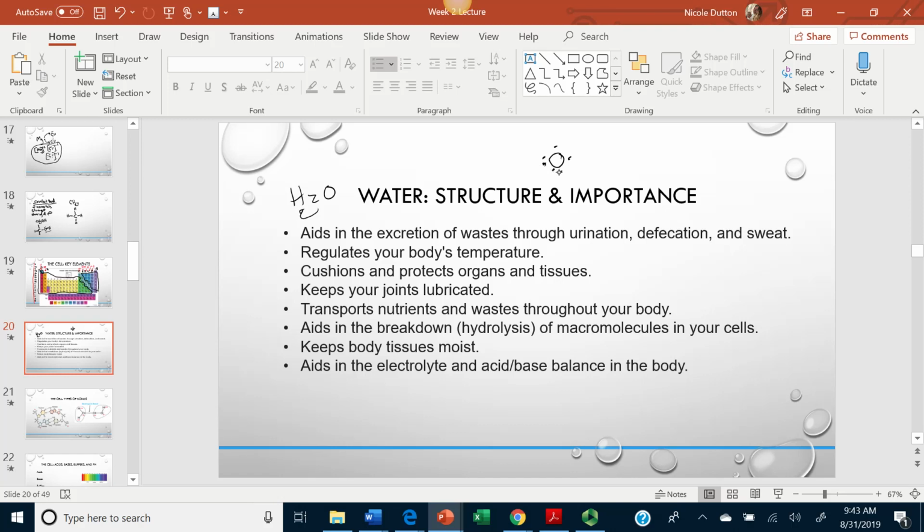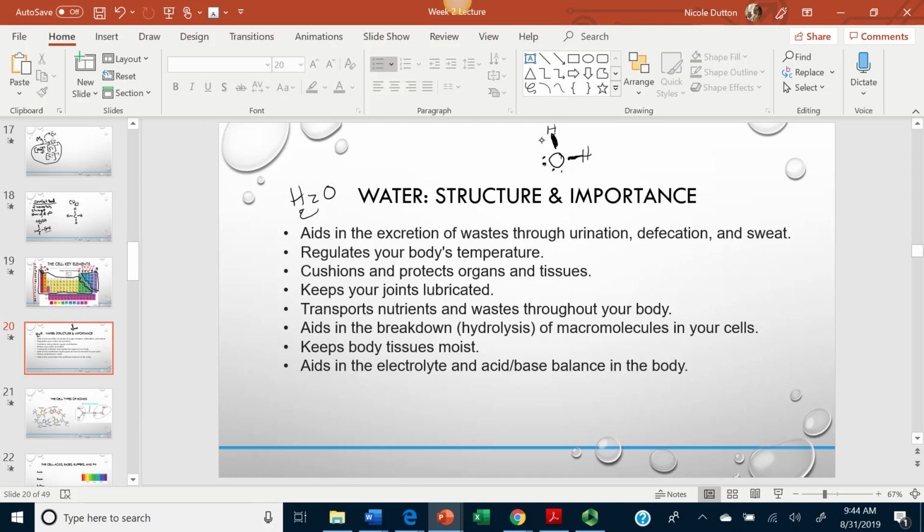So because these are paired up here, we don't bond those. Those are already set. But we need to form bonds with this single one and this single one. So if we draw our hydrogen here and our hydrogen here, now we have what water looks like. And those are the covalent bonds. So that's what water looks like.